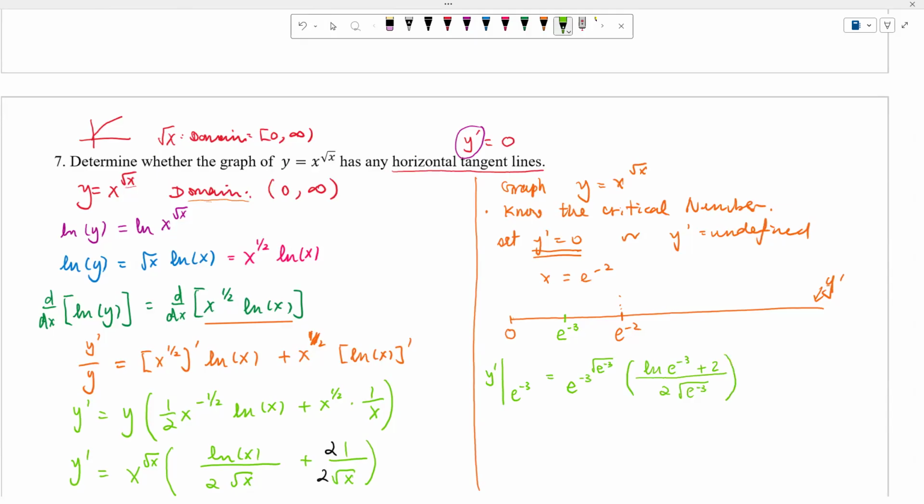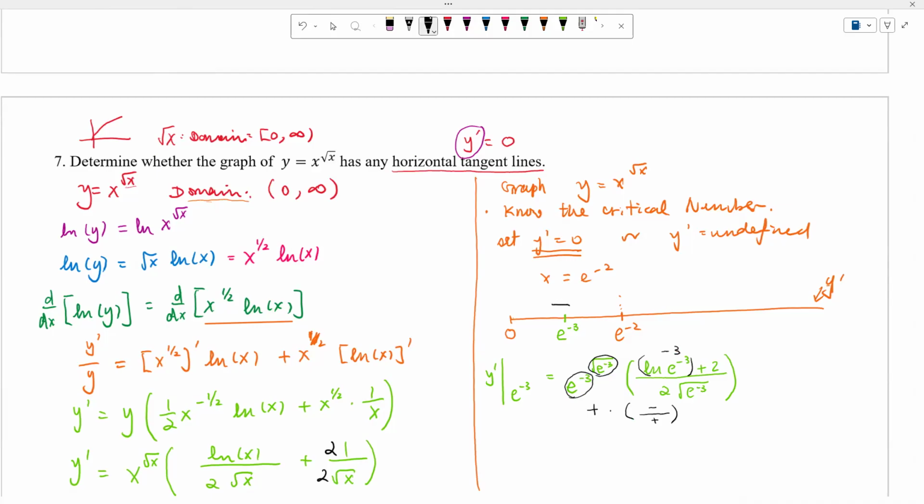We know that e to the negative 3 is positive, and square root of e to the negative 3 is positive, so this part gives me positive. Natural log of e to the negative 3 is negative 3, so negative 3 plus 2 is negative, over 2 times a positive. If I multiply them, I have positive times negative divided by positive, so this is negative.